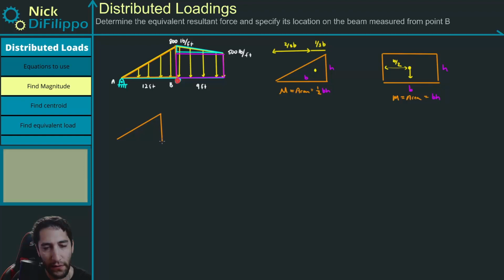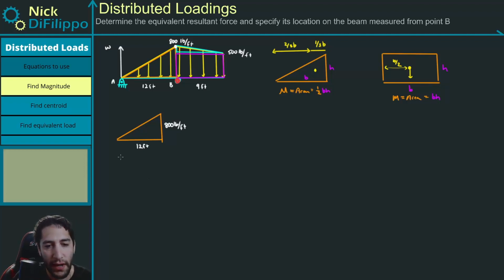That's this big triangle right here. And I'm going to indicate what these dimensions are. So this has a base of 12 feet. This height right here is going to be however much of this W, or our loading, we have. So it tells me that right here I have a loading of 800 pounds per foot. So that's what I'm going to use, 800 pounds per foot.